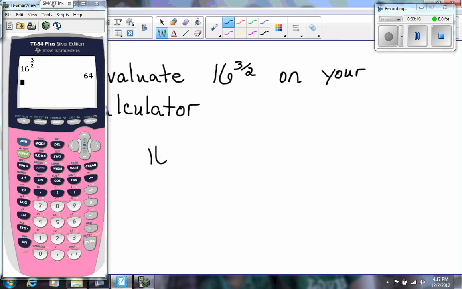So 16 to the 3 halves power equals 64. Now, when you evaluate a rational exponent like this, let me have you try another one.